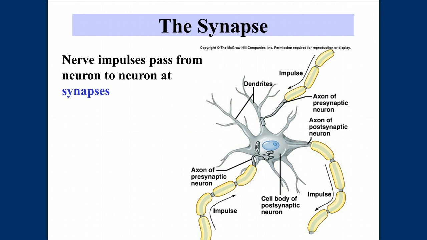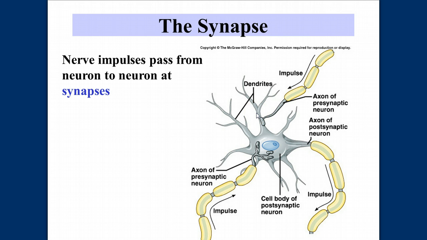Now, we talked about a synapse when we talked about a neuromuscular junction. A synapse is where the nerve impulse passes from one neuron to the next. The synapse is the junction between the two neurons where the nerve impulse is transmitted. It occurs between the axon of one neuron, and here in this picture we have the synaptic knob attached to a dendrite.